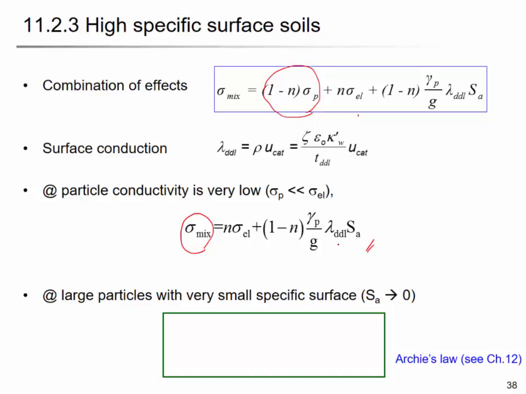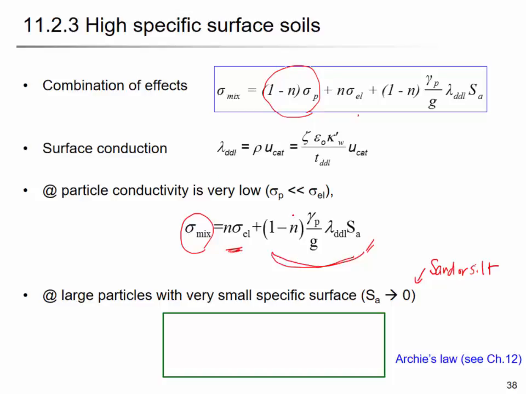When you have large particles with very small surface area, this is the case for sand or silt. If the specific surface area is very small, then this term is relatively small compared to the first term. So this governs the mixture conductivity.